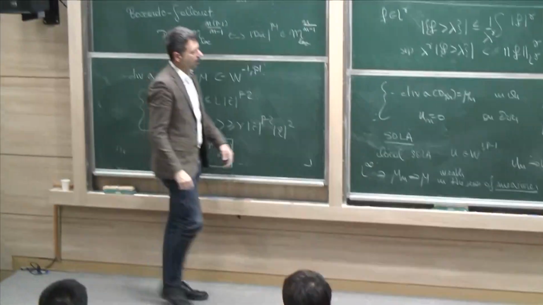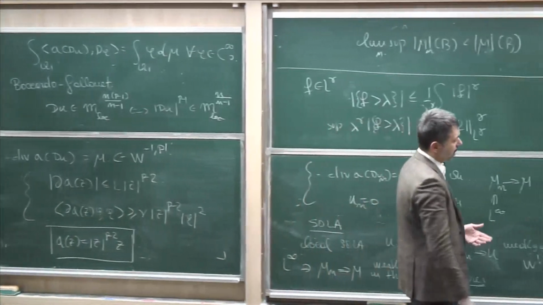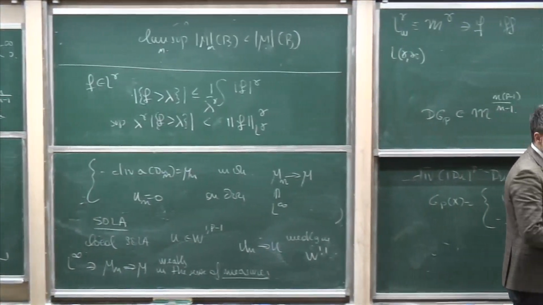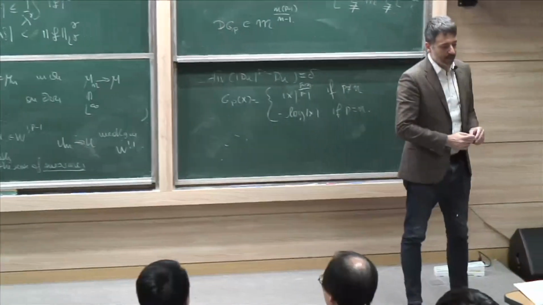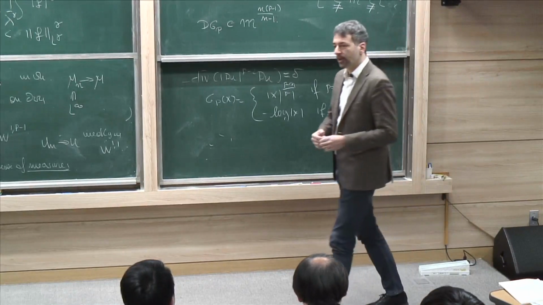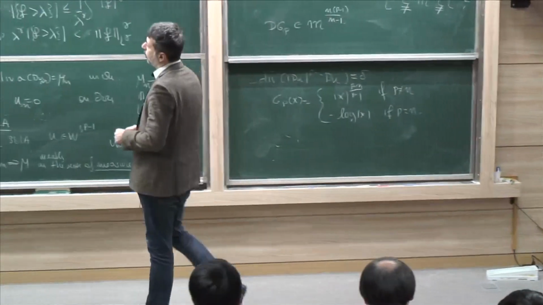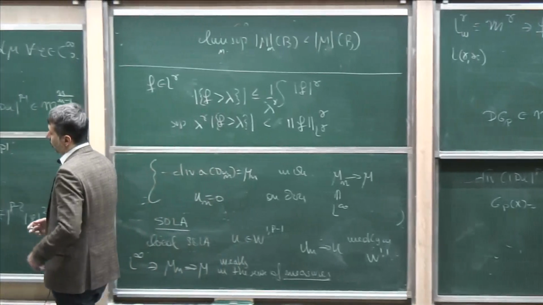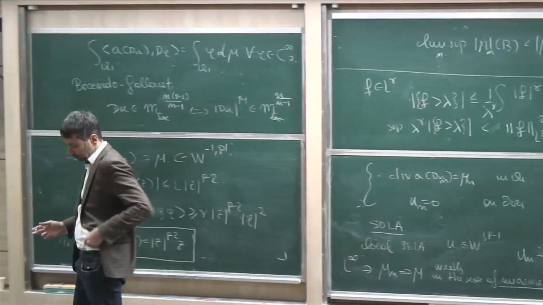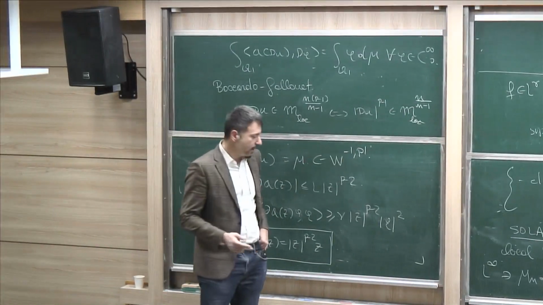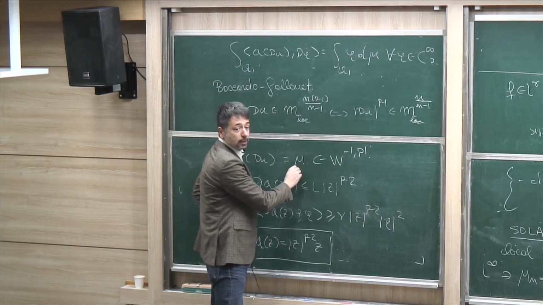And therefore, an object of interest for the right-hand side is given by the situation when you want to analyze the case when the right-hand side is not in the dual.